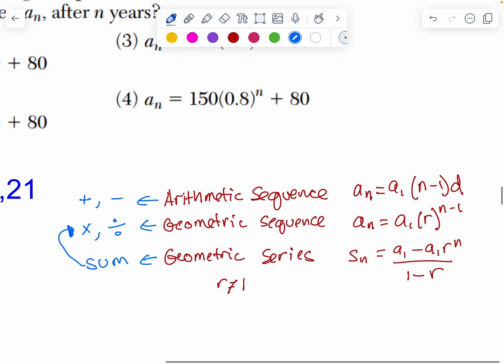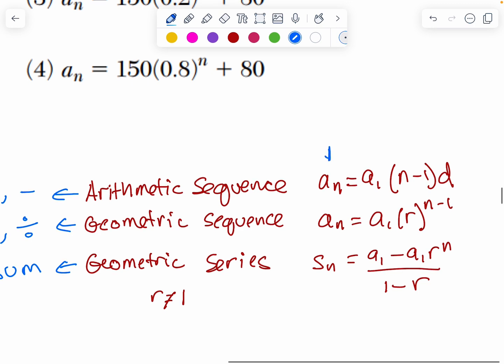Now, just as an idea of what these values mean, a sub n means the term value, the value of that term in the nth position, leaving us with n being the position. Which space in line is this value?